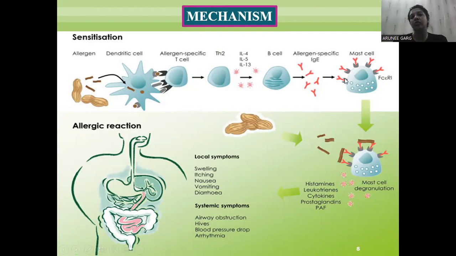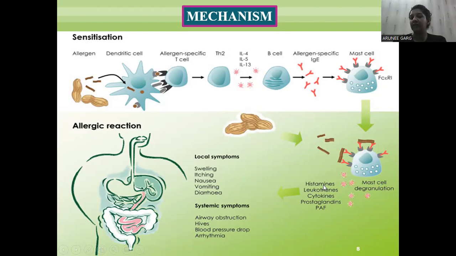These then attach to the receptors on the surface of the mast cell. This process is called sensitization. When for the second time the body comes in contact with the allergen, the cross-linking of the antibody takes place, and the granules are released.